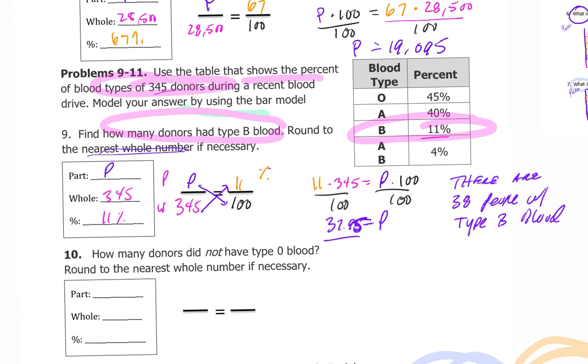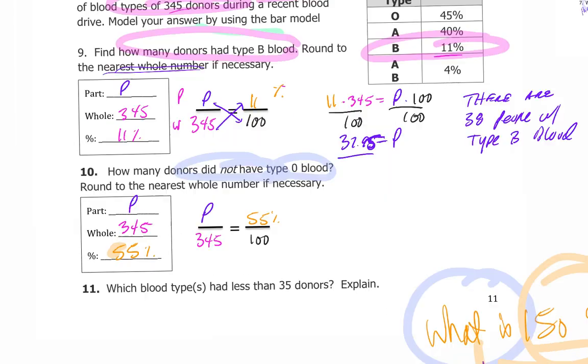Let's see what you get. Go. Okay, that should have been your proportion right there. If you think about it, some of you are going, oh, 45 was type O, but they said how many are not type O. So if 45% are type O, 55% are not. So you have to use that. So now let's see what you come up with.